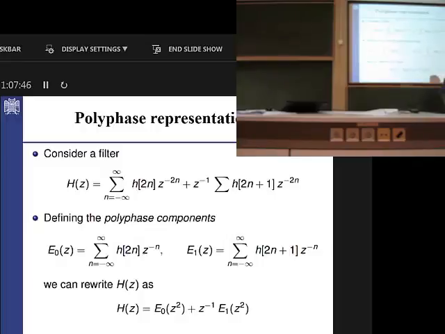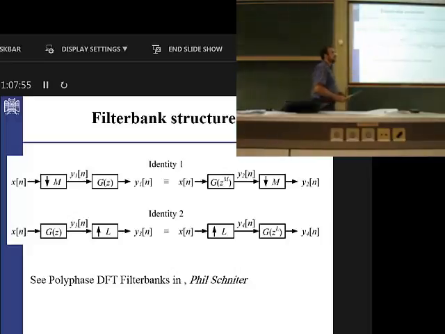And if you remember the noble identities, the previous slide holds here. We had the identity that the downsampler and the filter is equal to this kind of filter and the downsampler, and the same for the upsampler part.